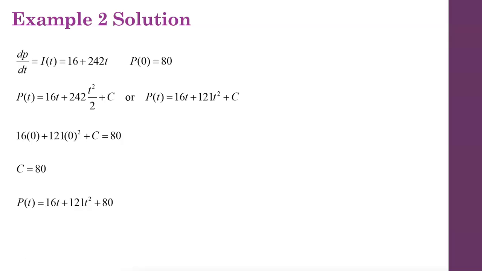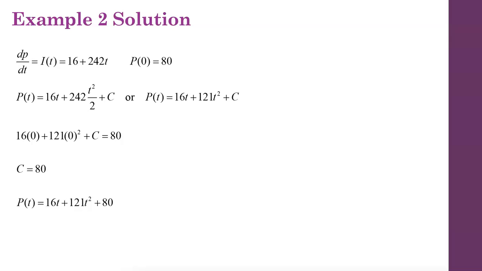Now I can answer the question they had asked me. They had asked, what was the population in 1990? Well, since we started with t equals 0 in 1982, 1990 would correspond to t equals 8.